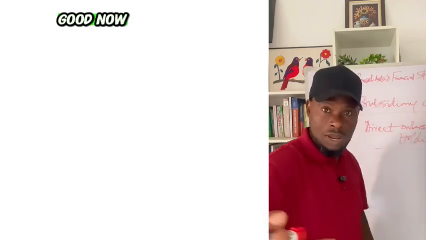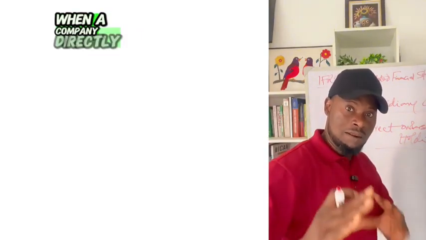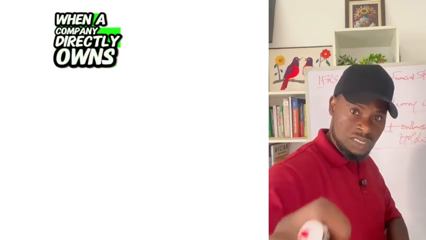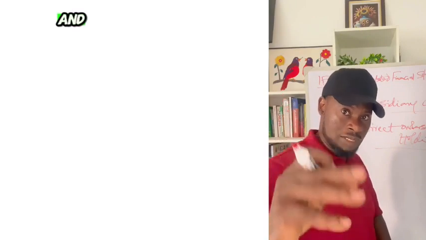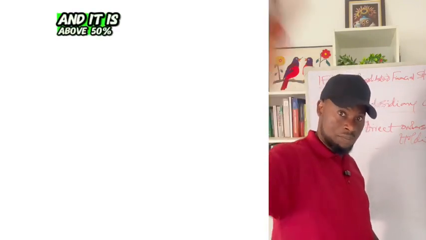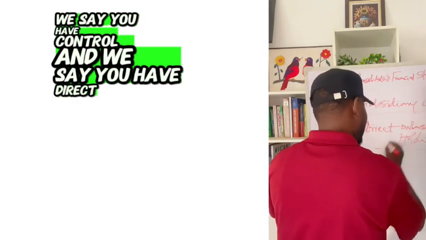Good. Now, how does direct holding occur? When a company directly owns the shares of another company and it is above 50%, we say you have control and we say you have direct holding.